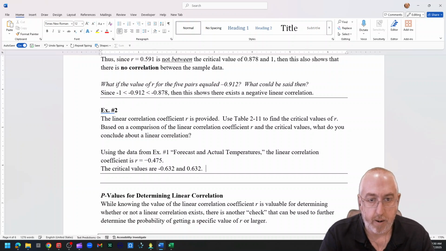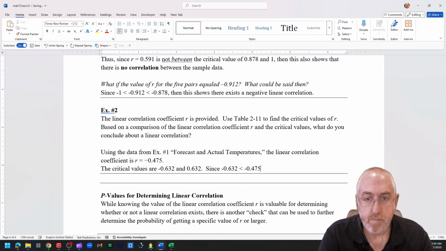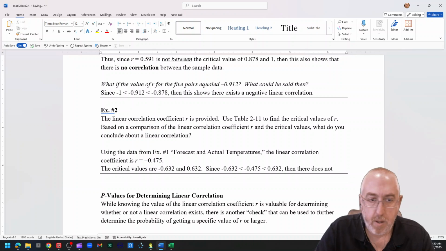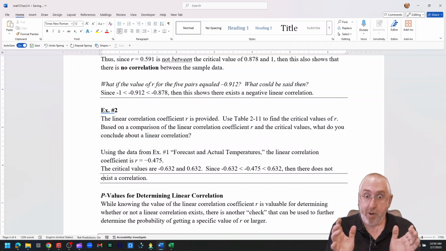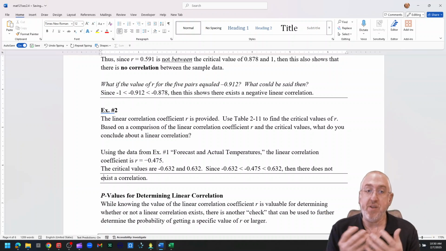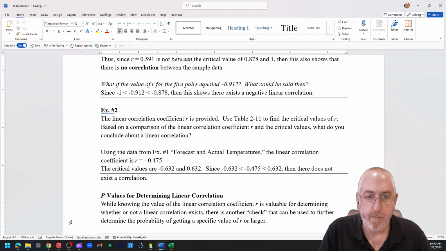So that's what we get here. I'm having a hard time typing, so bear with me. So again, in this case, because it's in that middle bucket, it's between those critical values, there does not exist a correlation in this case.